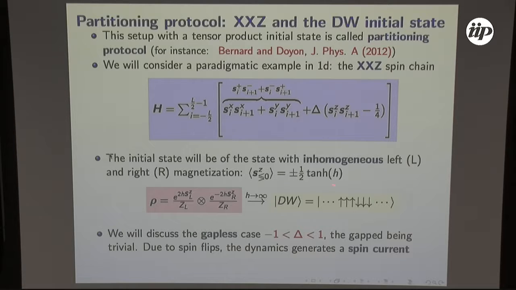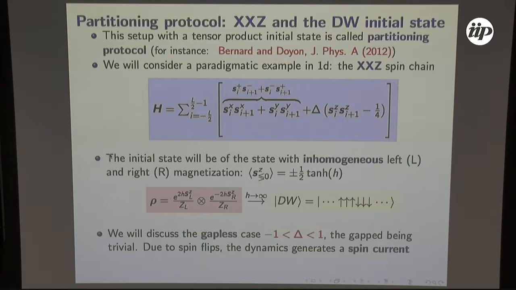And the spin current is not a conserved quantity. So you might ask why the transport is ballistic. Why do I have a persistent spin current in the system? And no, it's not diffusive. Of course, it's diffusive if delta is 0, but as soon as you add interaction, you can ask the question why it remains ballistic.